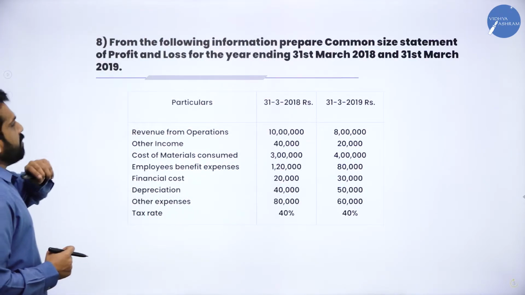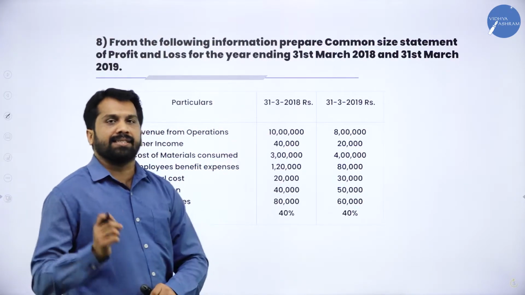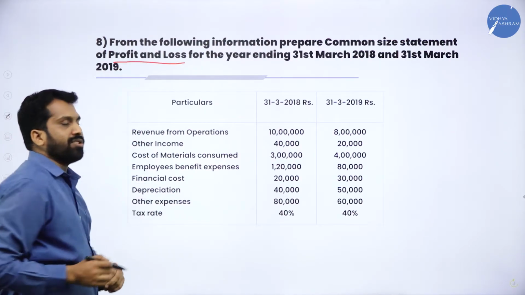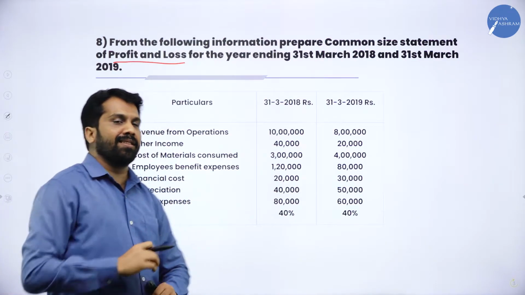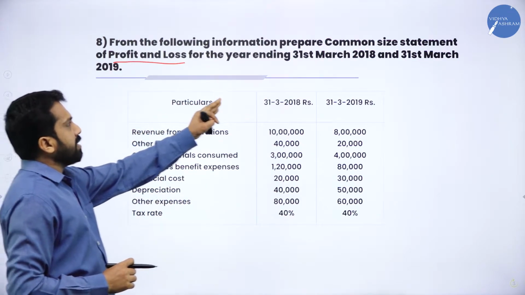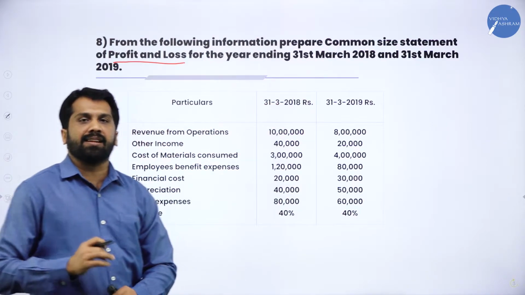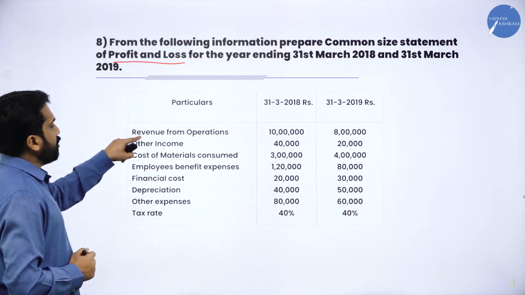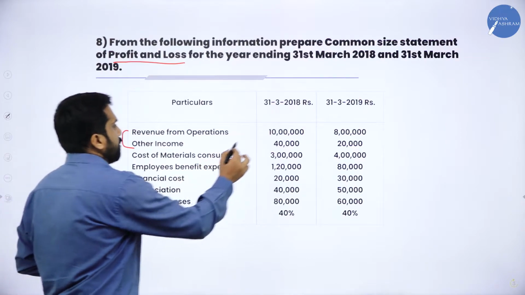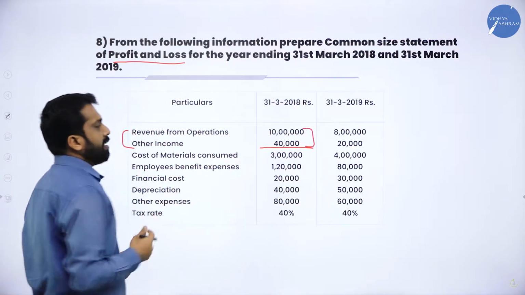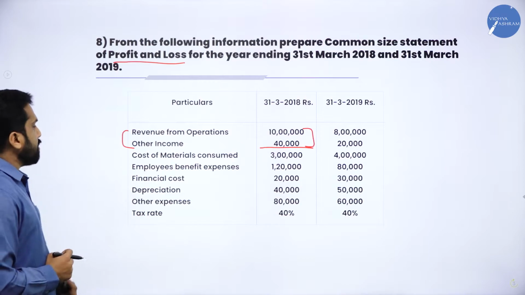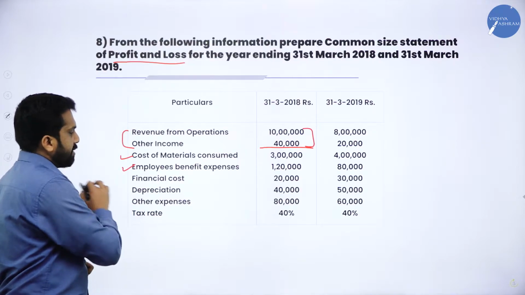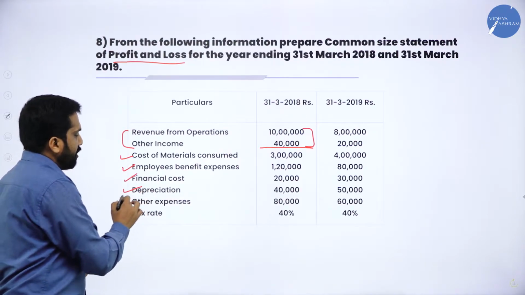Now, from the following information, prepare common size statement of profit and loss. They have mentioned the profit and loss for the year ending 31st March 2018. As I told you, we have 3 stages. Now, revenue from operation, other income. If you add, you will get net income. After this, cost of material consumed, employee benefit expenses, financial cost, depreciation.